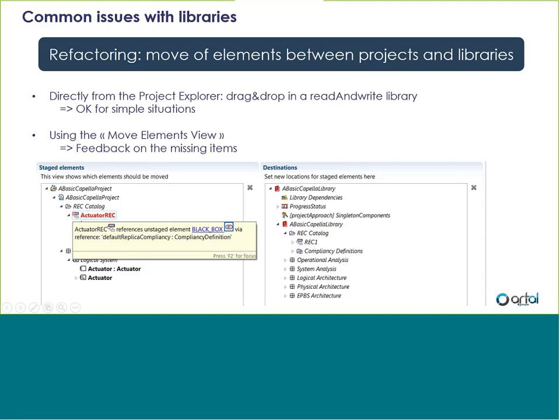So you drag and drop into this part, and in red you have the things that break the consistency, and then you add everything that is related to that, and in the end you can move the thing into the library. So that's the most elaborate solution for this refactoring. It's nice, but it's still a prototype, so there might be some improvement in the next version of Capella for this feature. I'm not aware of any plan for the very next version, but maybe for the others.